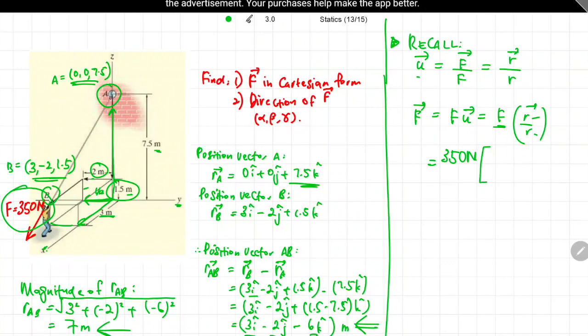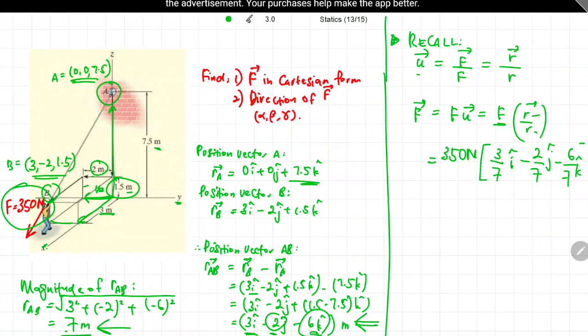So, kita substitute this value into our unit vector punya equation, whereby magnitude along the i component is 3 and then magnitude of the position vector is 7. So, 3/7 in the direction of i, minus along the direction of j, magnitude dia 2 and then you divide with 7. So, that is the value at j, and at the k direction is -6 divided with the magnitude of R, which is 7 meter.